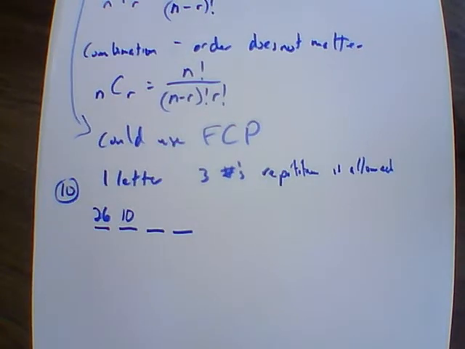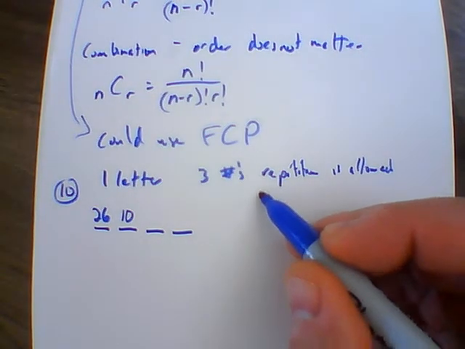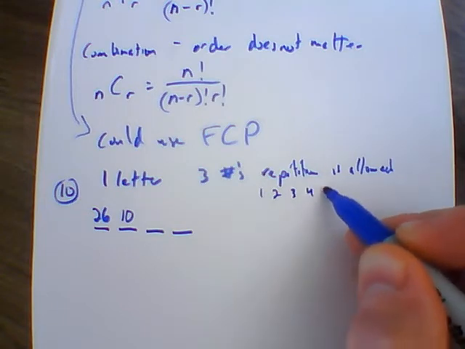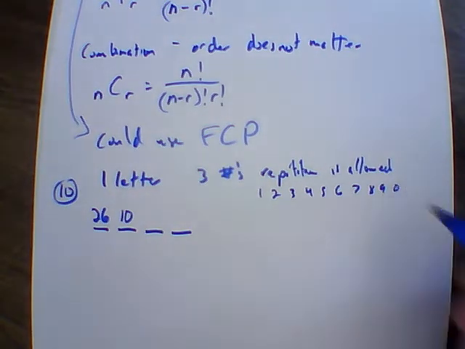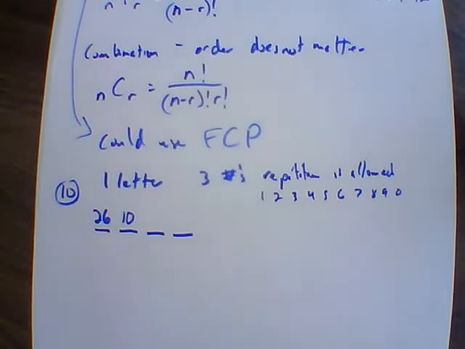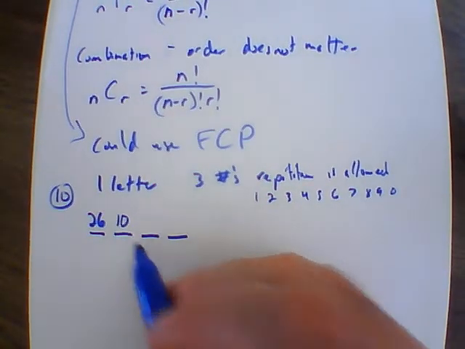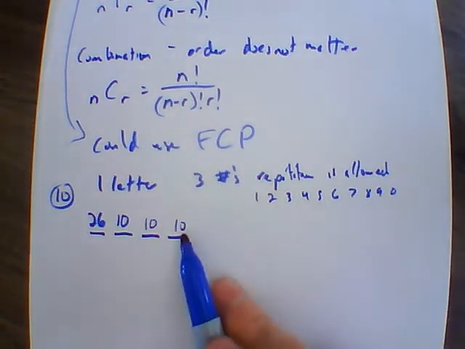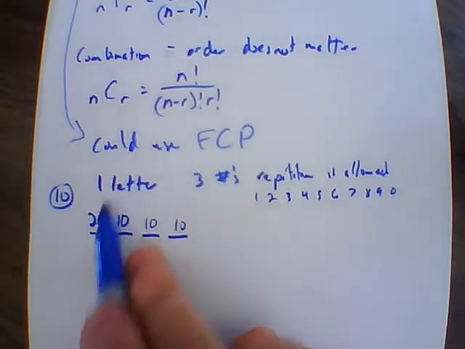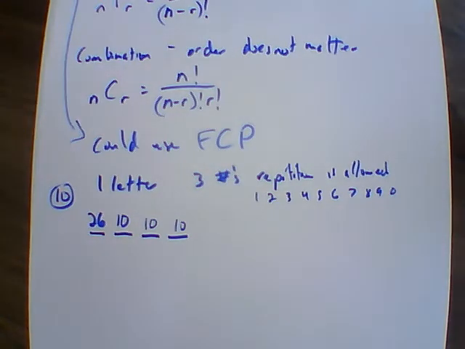Yes, 10 numbers. We have 1, 2, 3, 4, 5, 6, 7, 8, 9, and then the 0 for that 10th one. So don't forget about that, because we could also have a 0 in here. We could have a 10 here or 10 here. Once again, taking 10 numbers, 10 numbers, 10 numbers, and then 1 letter out of our alphabet, which is 26.